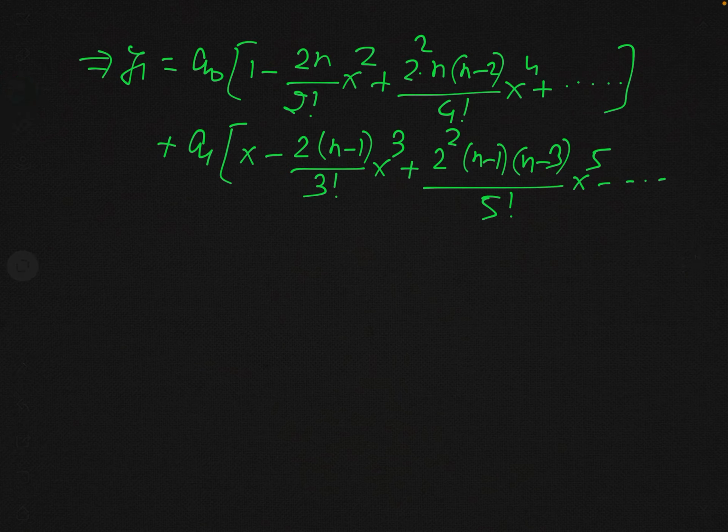You can see we have simply substituted the values of the coefficients, that is a1, a2, a3, a4 and so on. So this is actually the first independent solution of the Hermite equation.